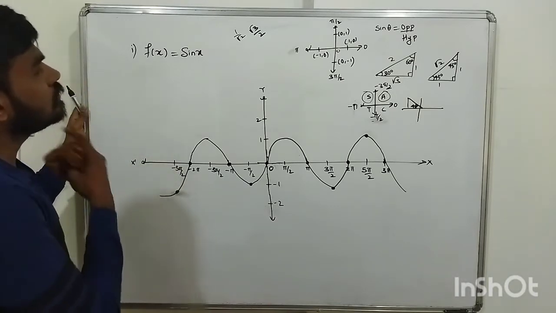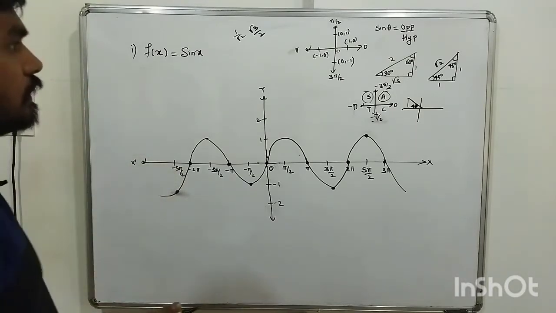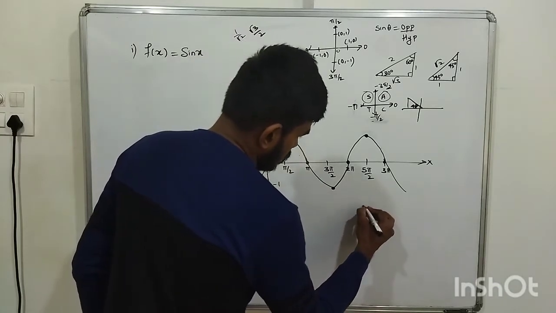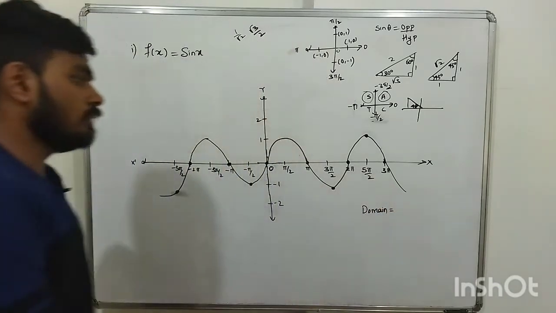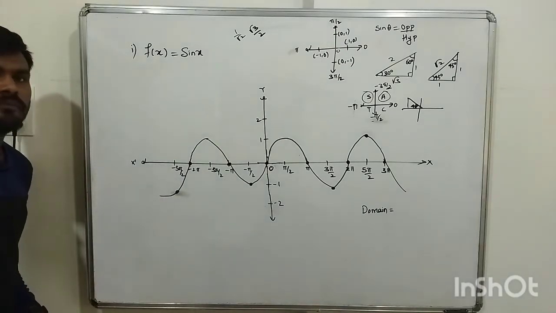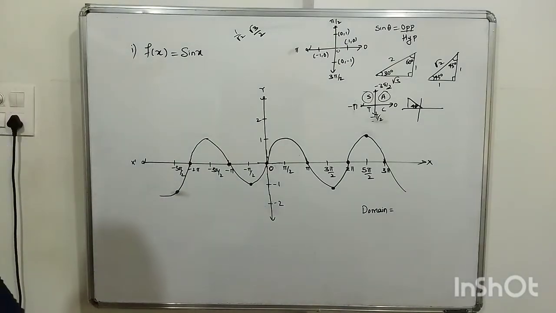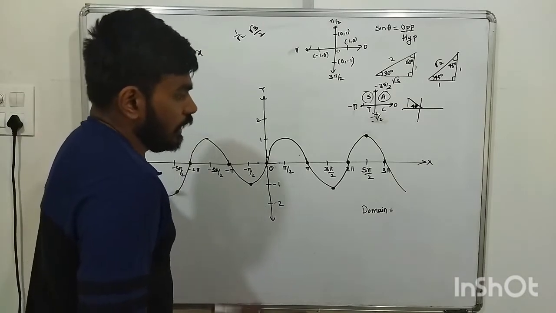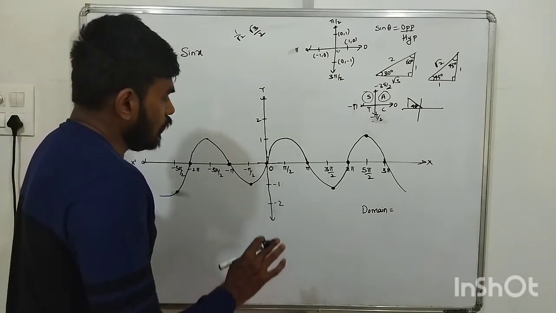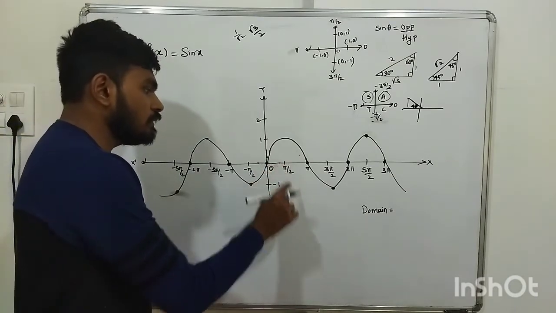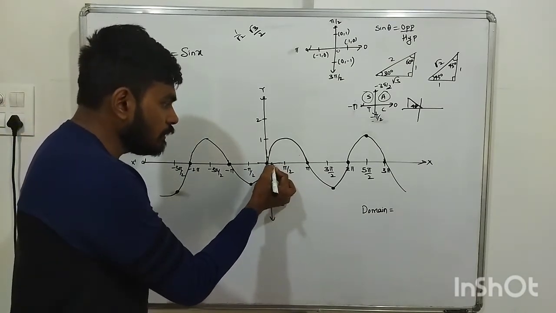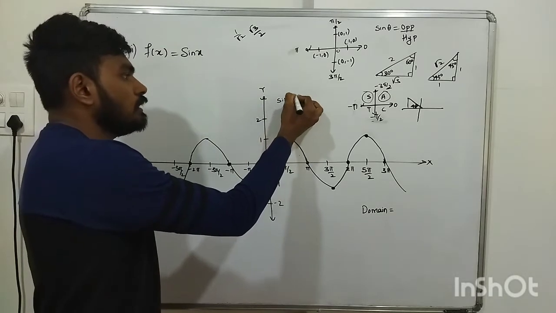Now what is the domain of this? Domain means what values of x we can take. All these values of x we can take, these are standard angles, but we can even take sine of 0.1, you will get some answer.